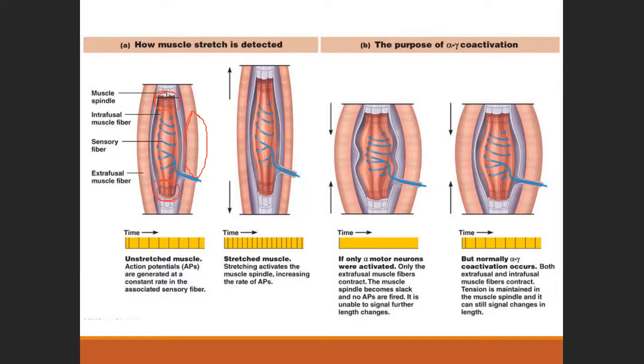When you pick up a dumbbell and you start to contract slowly, you get what we call coactivation. The neuron supplying the bulk of those muscle cells for contraction is called the alpha motor neuron. The neuron that innervates the contractile portions of the spindle is the gamma motor neuron.